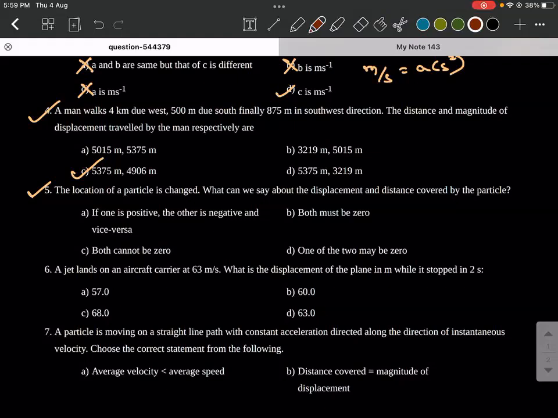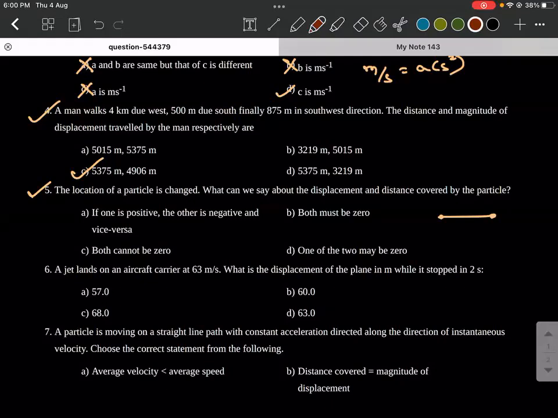What do you understand from the question? So what do you infer from it? There is a particle and the particle's position is changed. So they didn't give any other information besides that. So with that, what can you conclude?